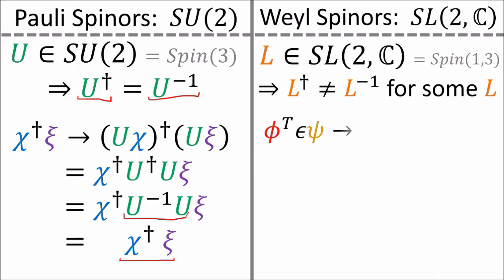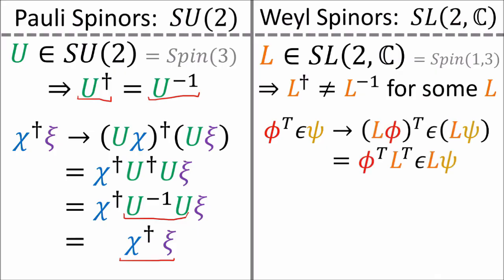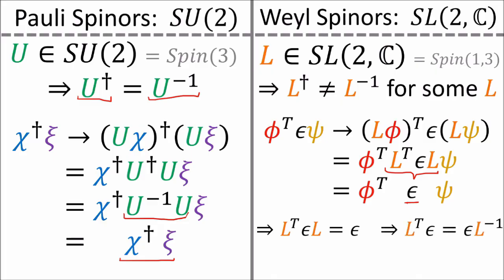If we Lorentz transform the Weyl spinor using L and demand the scalar product be unchanged in the new coordinates, this gives us the property that L transpose epsilon L equals epsilon. Rearranging, this means that we can turn L transpose into L inverse by swapping its order with epsilon.